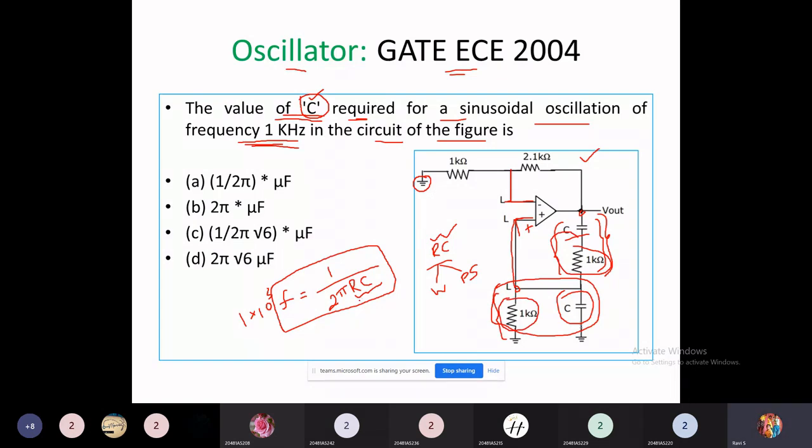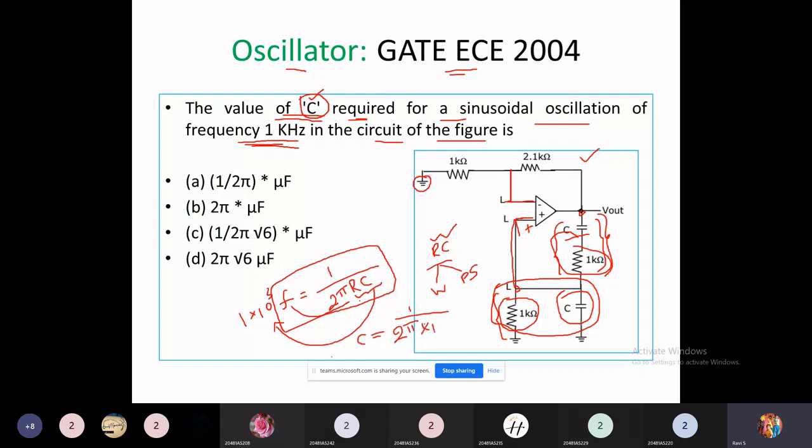What will happen when R becomes 1 kilo ohm in this equation? We are interested to find the value of C, right? So C comes to the other side. We can write capacitor C equals 1 divided by 2 pi times f into R, because f comes to the denominator, its value is 1 into 10 power 3.